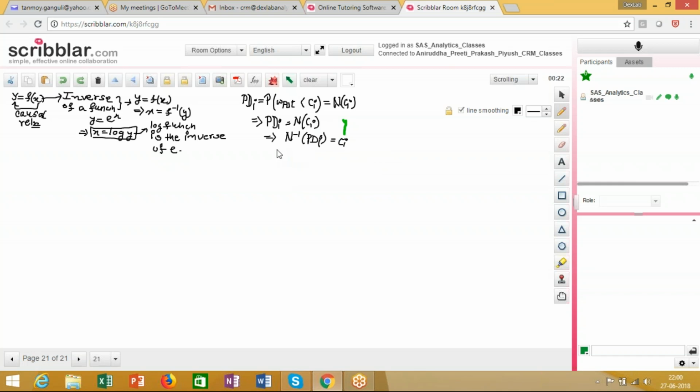So if I write PDi as small p, so Pi is equal to N(Ci). So this clearly means that Ci is nothing but N inverse Pi.